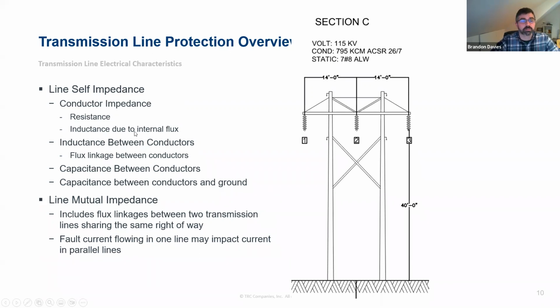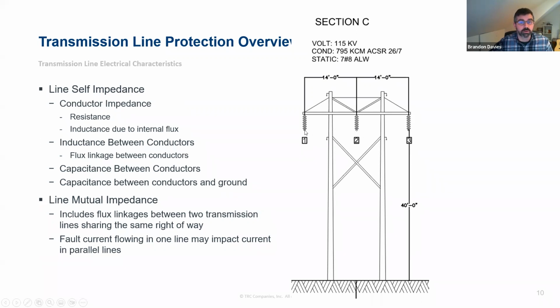Some of the other stuff we've got to consider when coming up with a transmission line impedance is the interaction between the conductors themselves and the interaction between the conductors and ground. So there will be an inductance that's shared between the conductors due to the flux linkage. You've got energized conductors up here running in parallel.